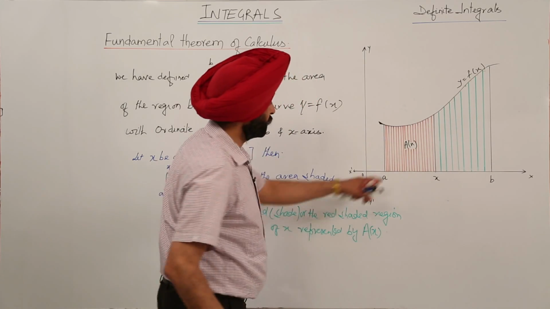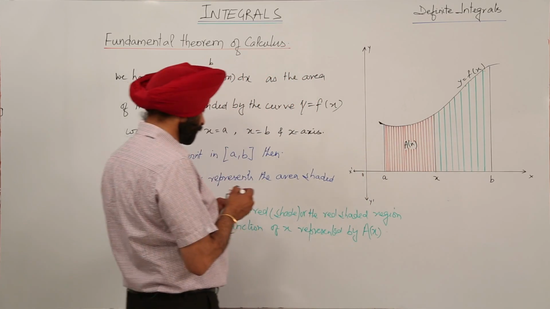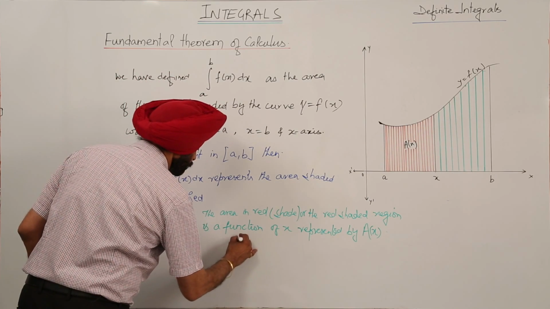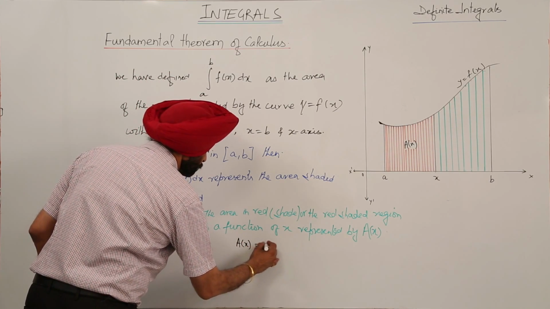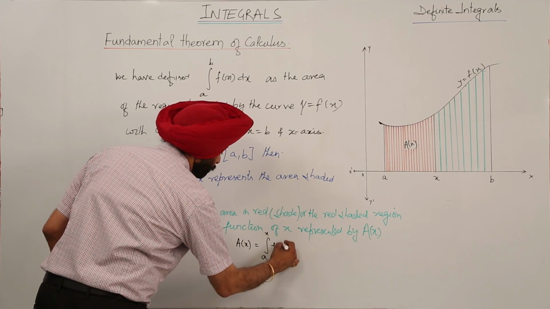I have already written here A(x), and this is the area represented by A(x). Then we can write A(x) is equal to the integral from a to x of f(x) dx.